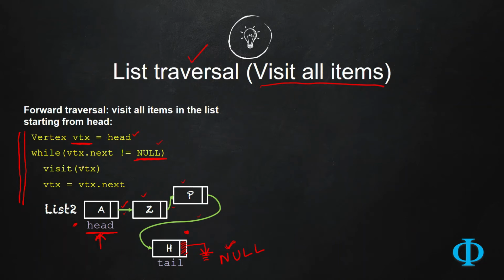Inside the loop, I have written: just visit the vertex. Visiting the vertex means you can think of it like printing the element inside the vertex, like let's say print VTX dot data item.